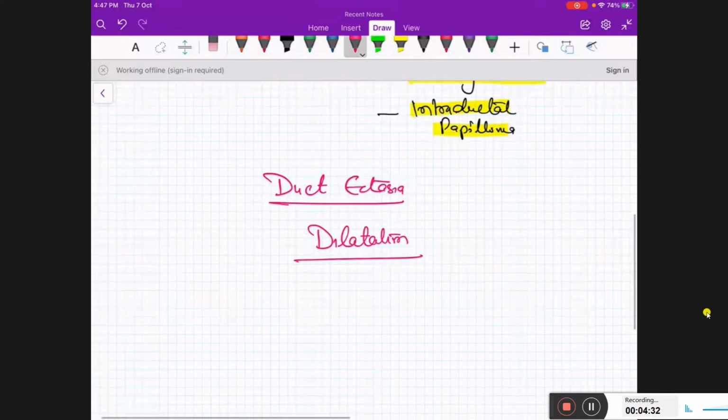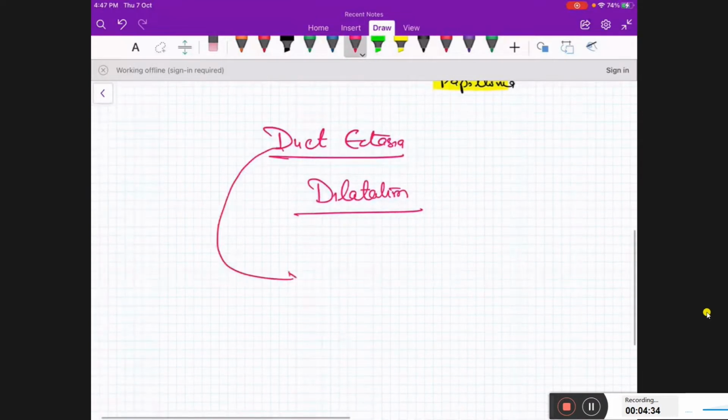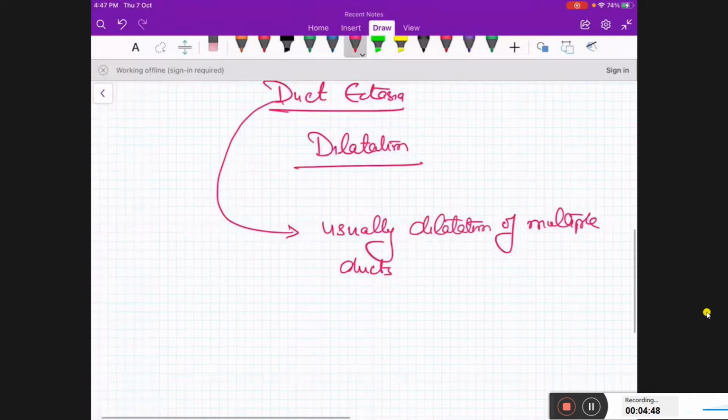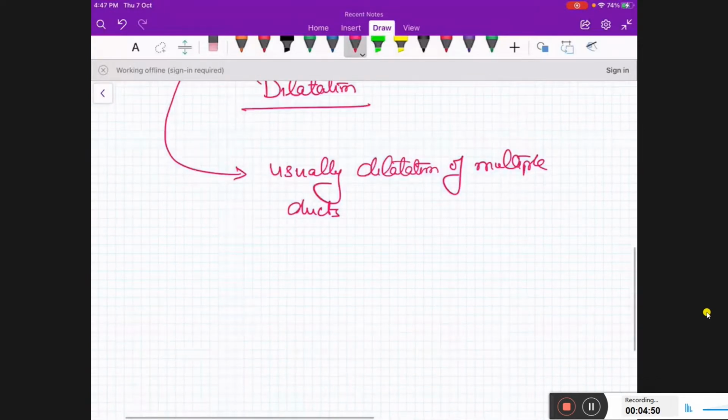So, this is a condition where there is usually dilatation of multiple ducts. Now, how does this patient present?